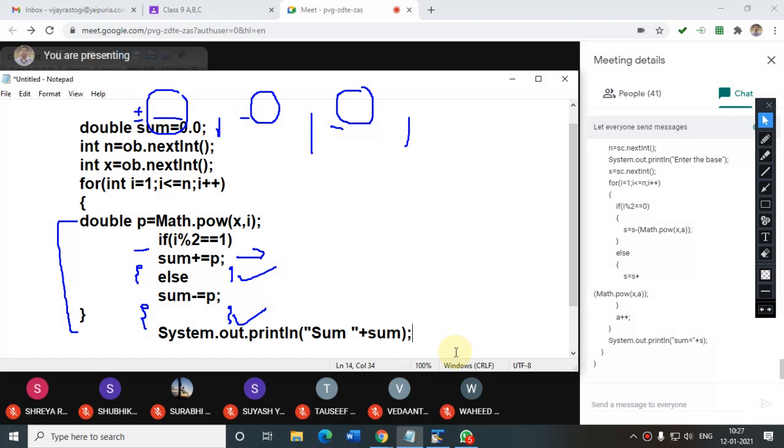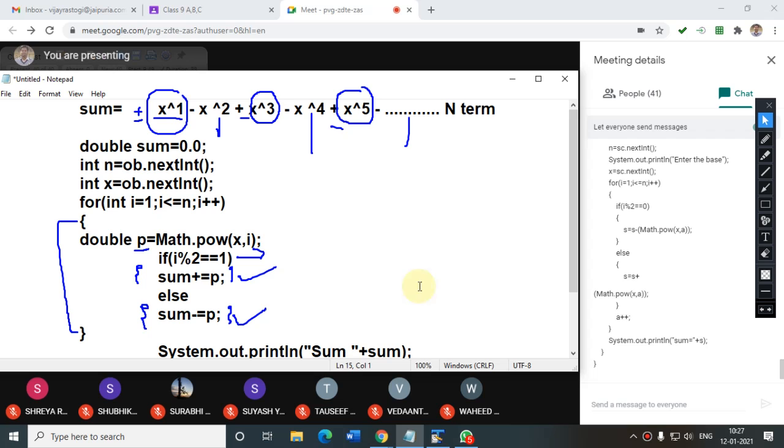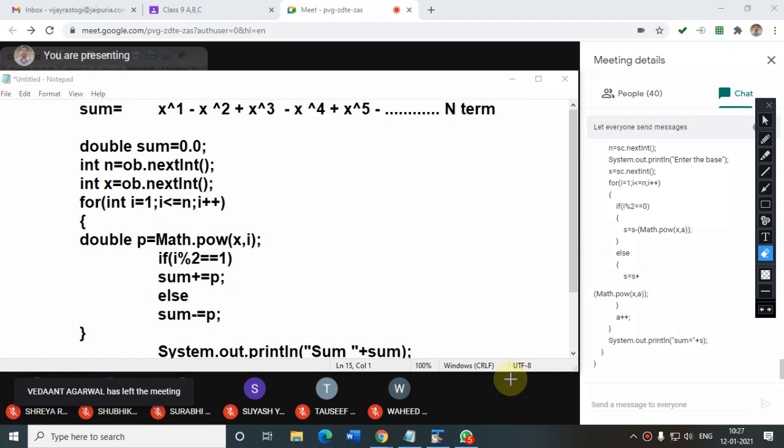Okay, so now let's move to the next question, everyone. Just try this question on your computer, and just note it down in the notebook also.